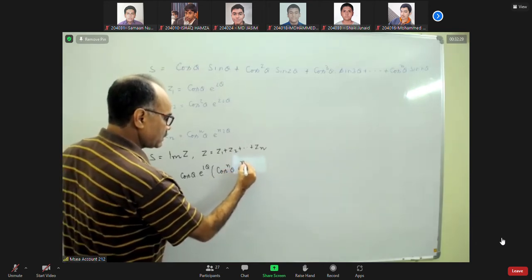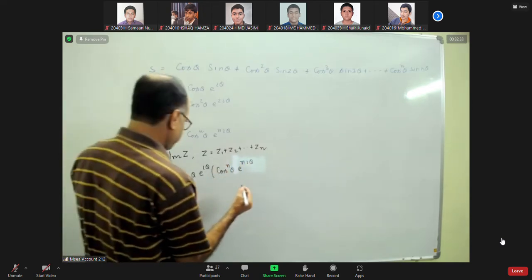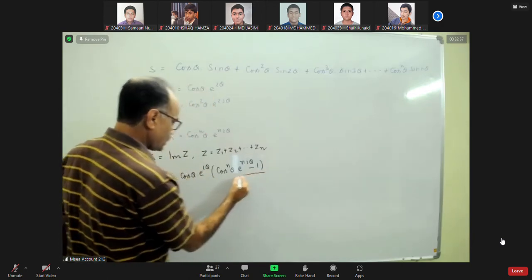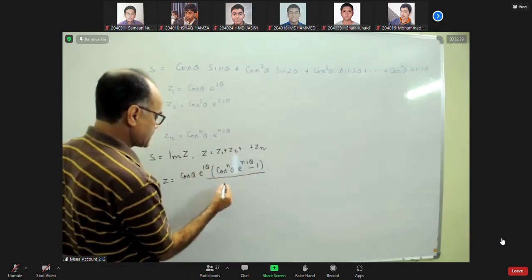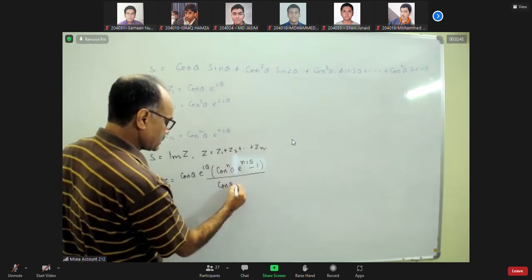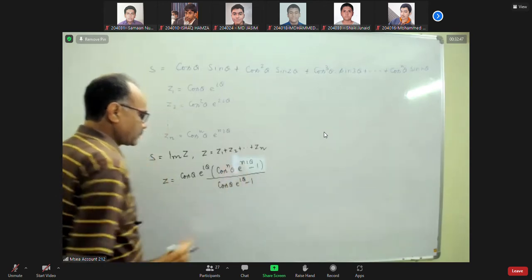This will be in GP: A into R to the power n minus 1 by R minus 1, that is cos theta into e to the power i theta minus 1.